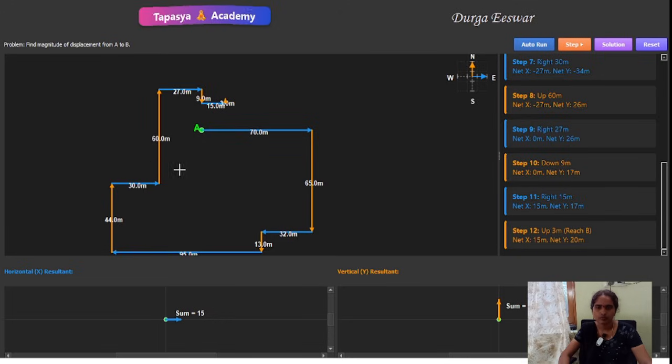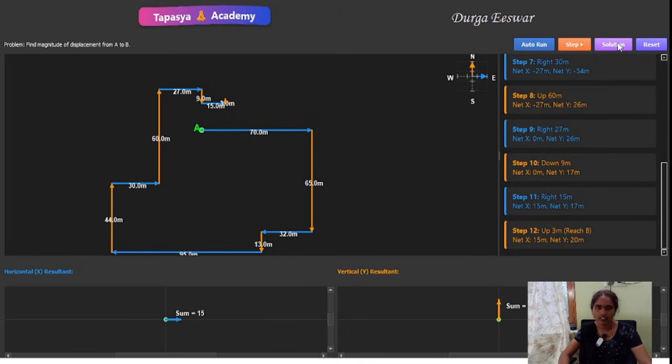To find the displacement of the vertical vector, add all the displacement vectors in the north direction and subtract all the displacement vectors in the south direction. After simplifying, the net resultant is 20 meters.